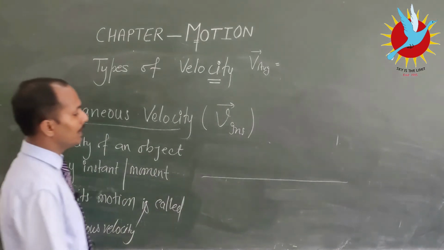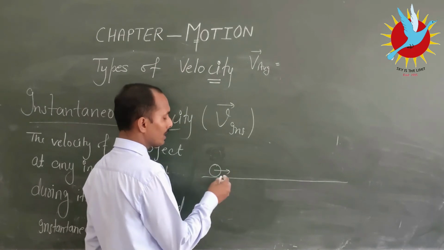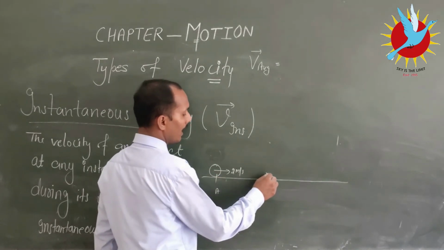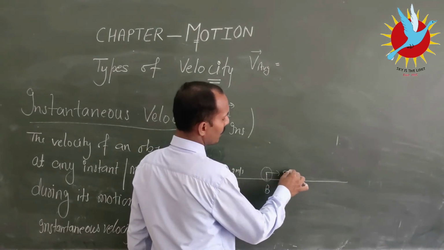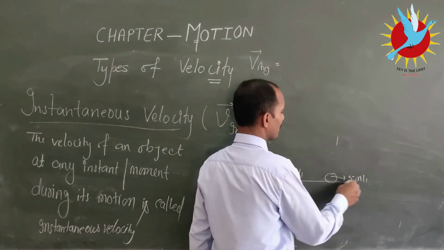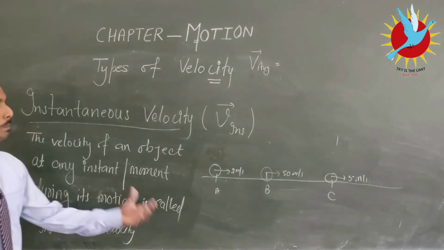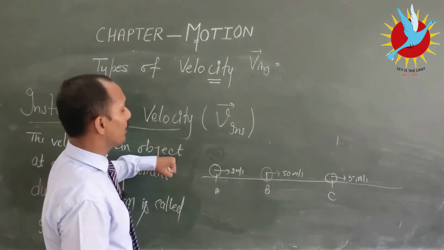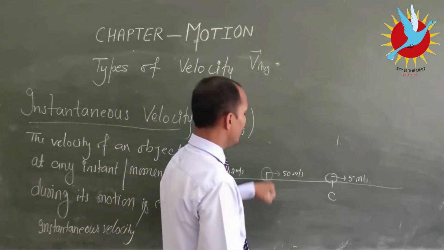What does it mean? Suppose a body is moving. Its speed is 2 meters per second at point A, 50 meters per second at point B, and 5 meters per second at point C. Similarly, at different times and different points, it has different speeds.